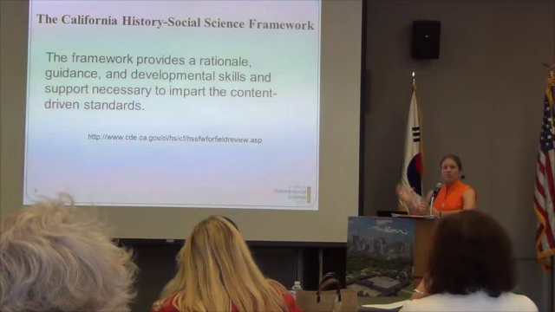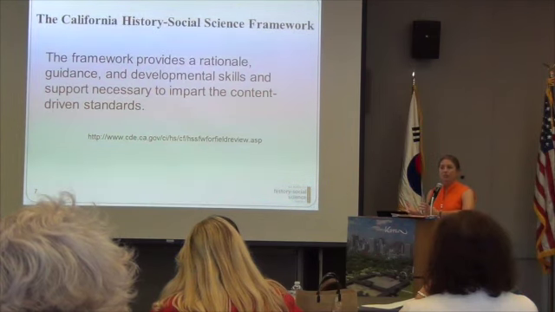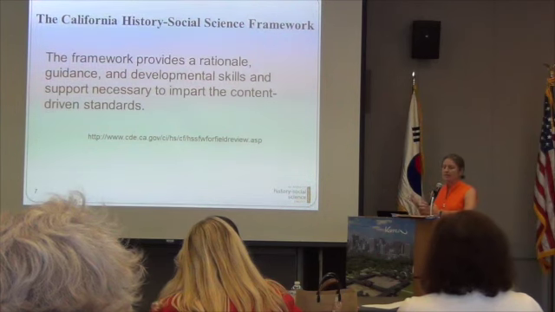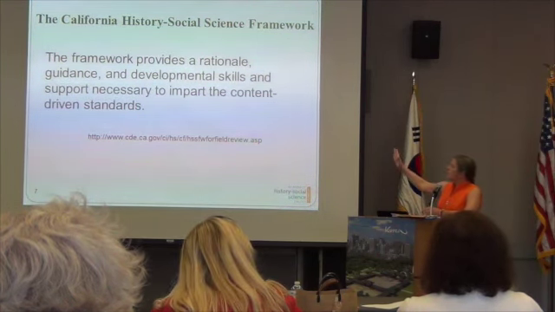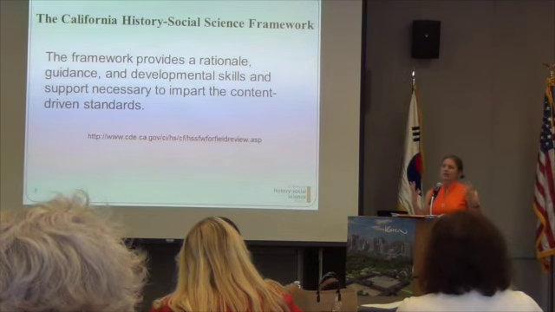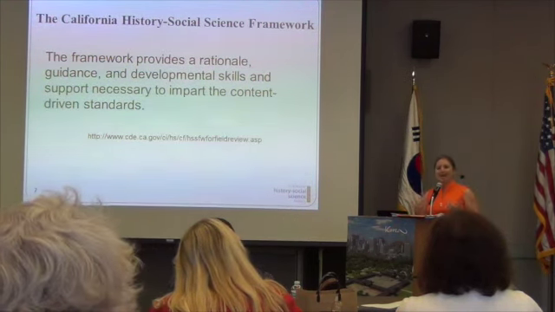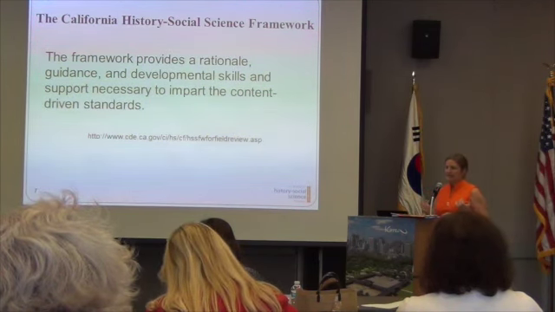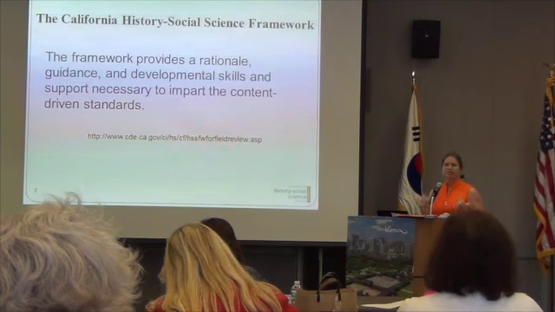With the Common Core, teachers are being asked to supplement the textbook with additional secondary and primary text, so that's also an opportunity. And then the framework is this document that's really a rationale for why the standards were selected and how history should be taught.